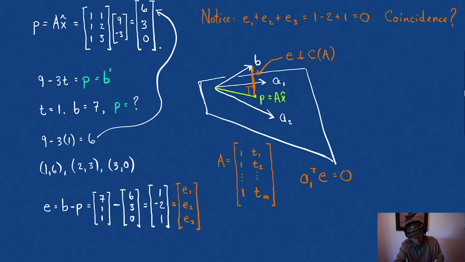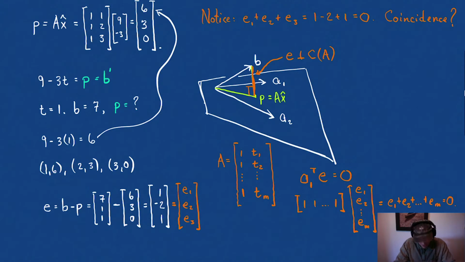But what is A1 transpose? Well, that's always, every single time, 1, 1, 1 times E. Well, E is E1, E2, dot dot dot, EM. Well, look at what this says. That just says that the sum of the E's is 0. E1 plus E2 plus dot dot dot plus EM equals 0.